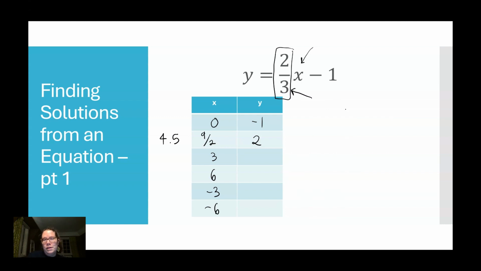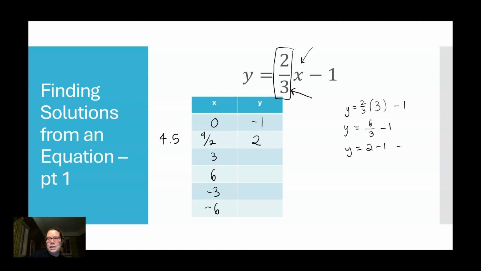For 3, I'm going to start with y equals 2/3, and instead of x, I'm going to put in 3, minus 1. And here's the part where it goes nicely. If I take this and I go 2 times 3 is 6, 6 divided by 3 is 2. It happened so nicely.